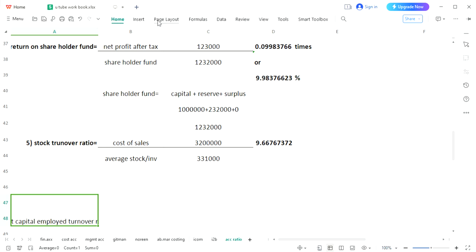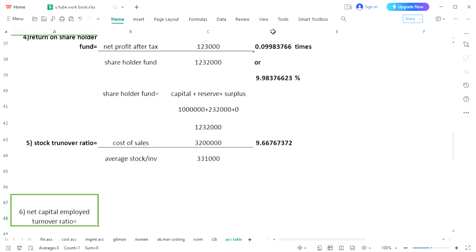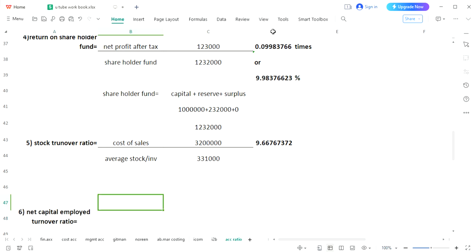Look, I have told you that this chapter is all about formulas, and when you do not have the proper formula in your mind, it would surely be very difficult for you to properly prepare this question. So it is my request to memorize all the formulas. Net capital employed turnover ratio.